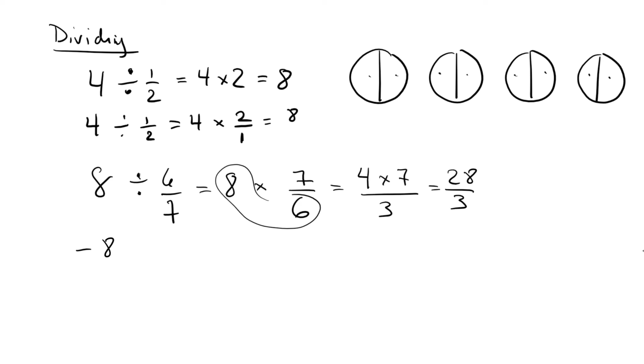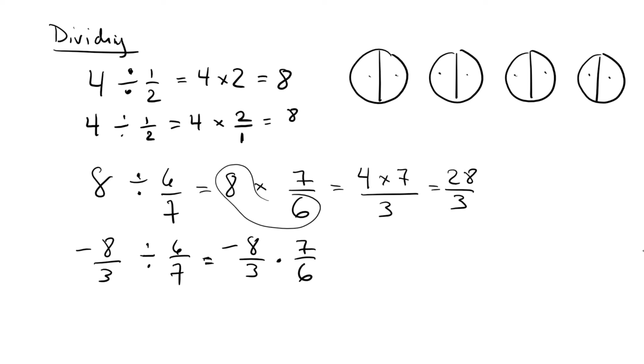If I have minus 8/3 divided by 6 over 7, same idea. This is minus 8/3 times 7 over 6. Notice that eventually it's preferable to use this symbol for multiplication because the x will be used in this course for something called a variable, so I'm not usually going to use the x for multiplication.